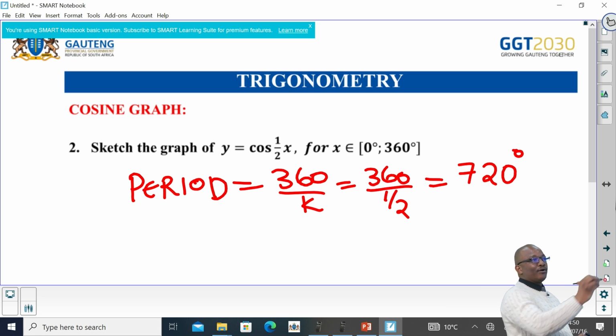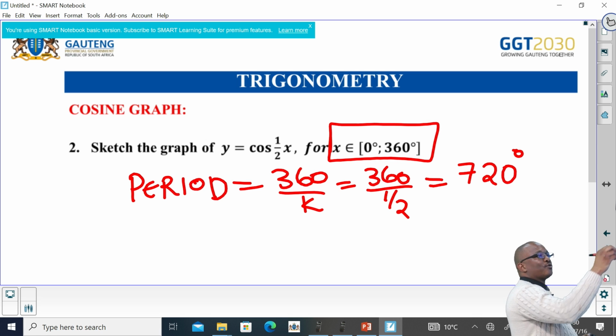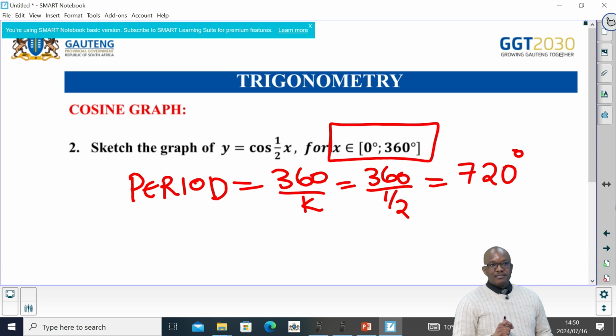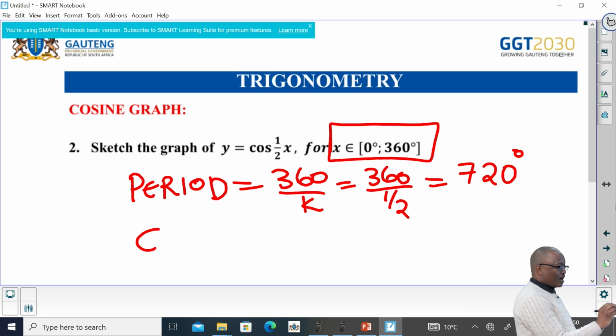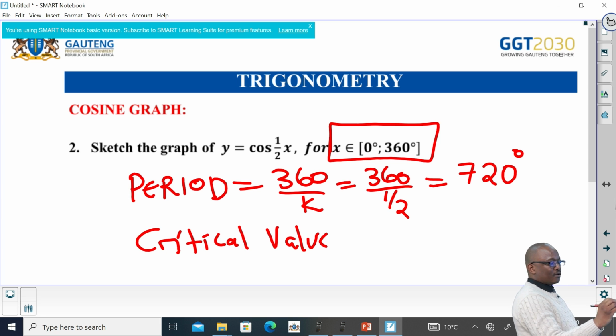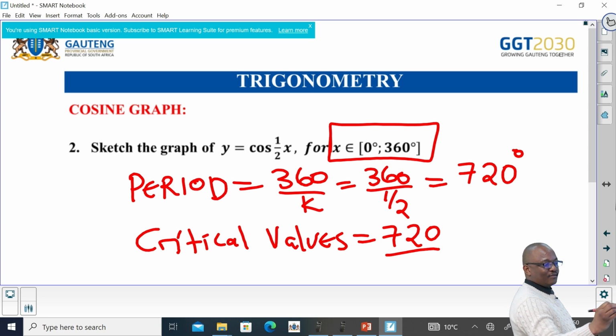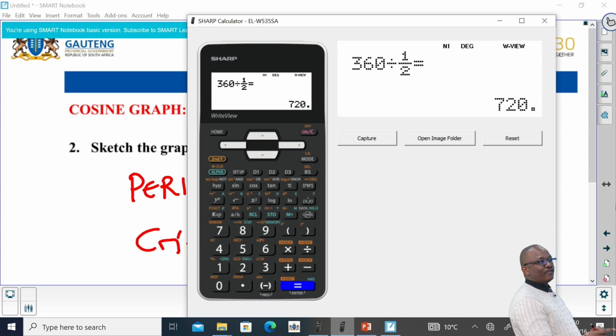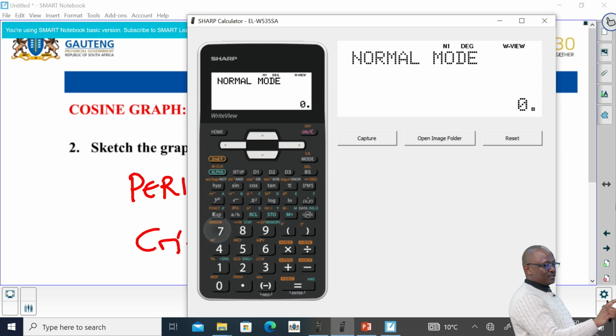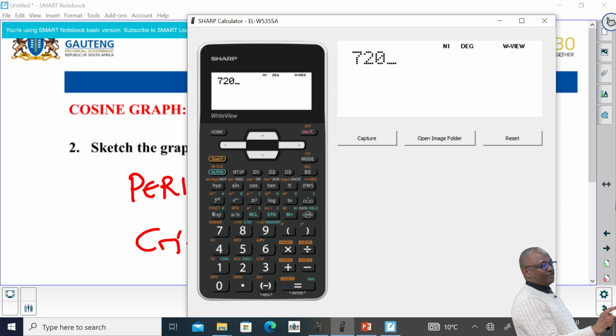But now, they said we must sketch it from only 0 to 360. So, our critical values now, we are going to say 720 divided by 4. If you say 720 divided by 4, then what are we going to get?